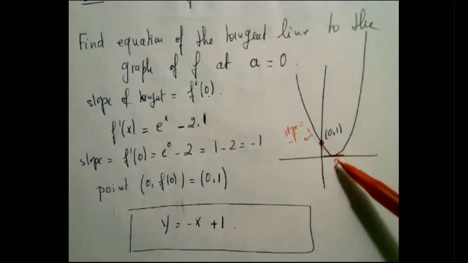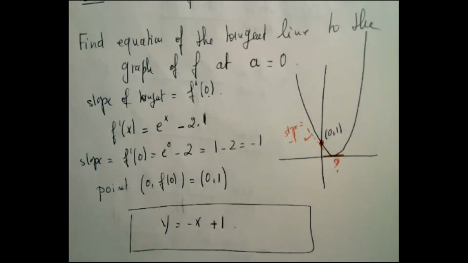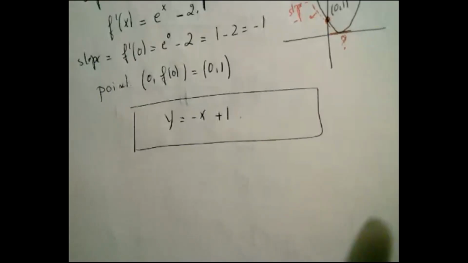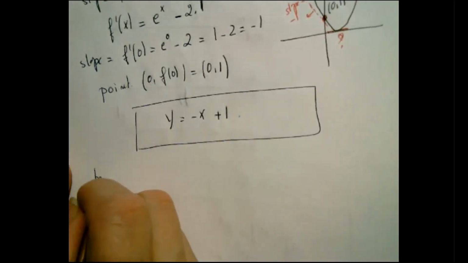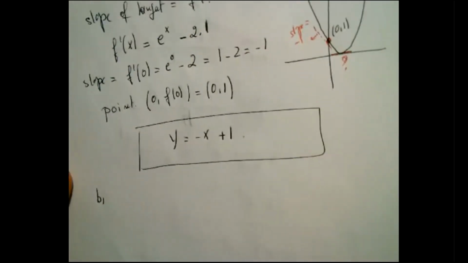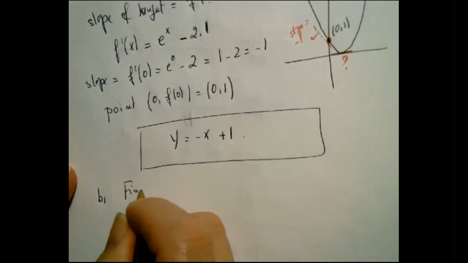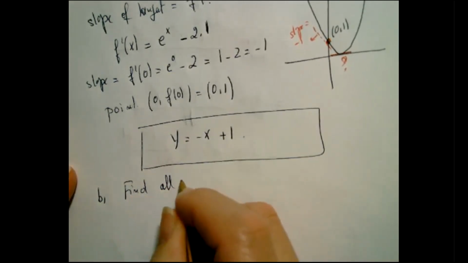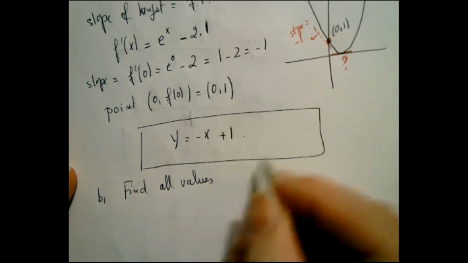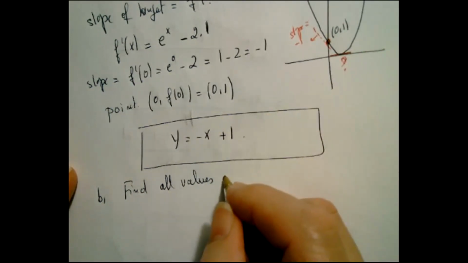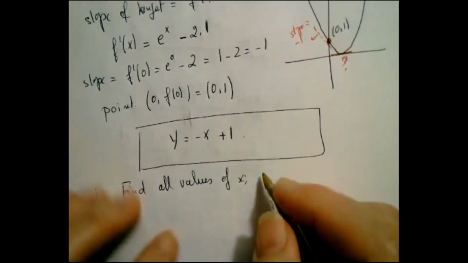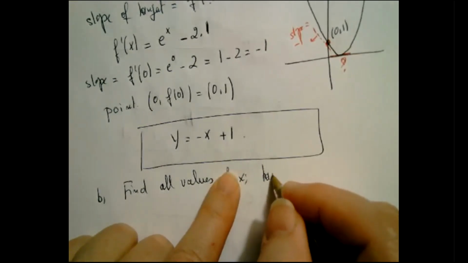Here it wasn't very clear where the function takes its minimum value. So part B is going to be: find all values of x where the tangent line is horizontal. According to the graph, there is only one, but that's not necessary.